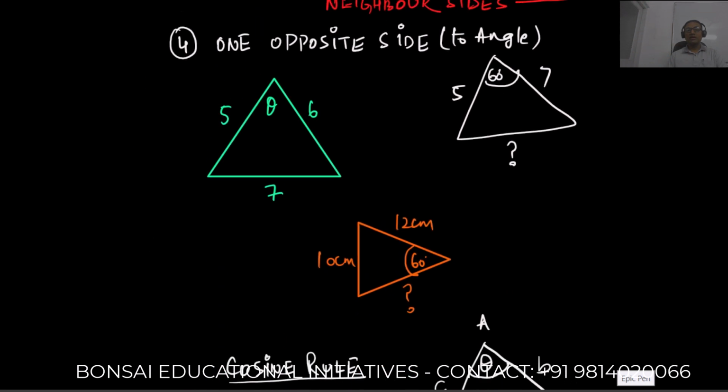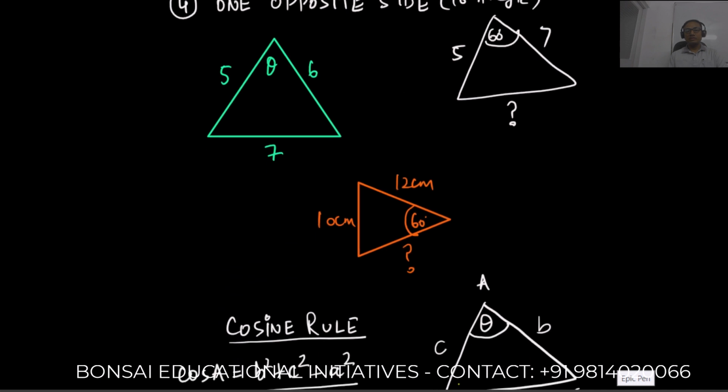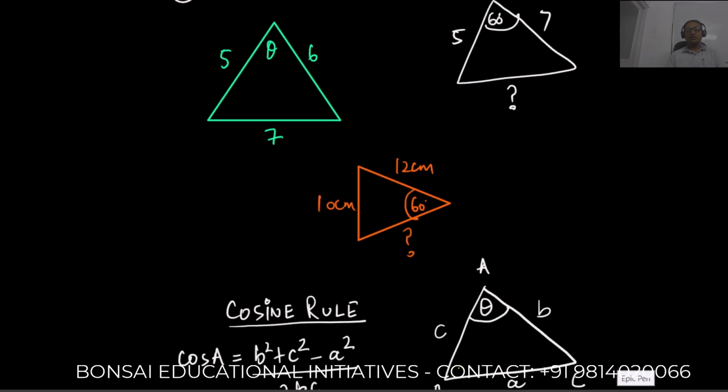Let us try and understand the situation. If you take a practical problem here, one angle is here, whether it is given or missing, neighbor side number 1, neighbor side number 2, and again the opposite side. So this problem is very much appropriate for the cosine rule.